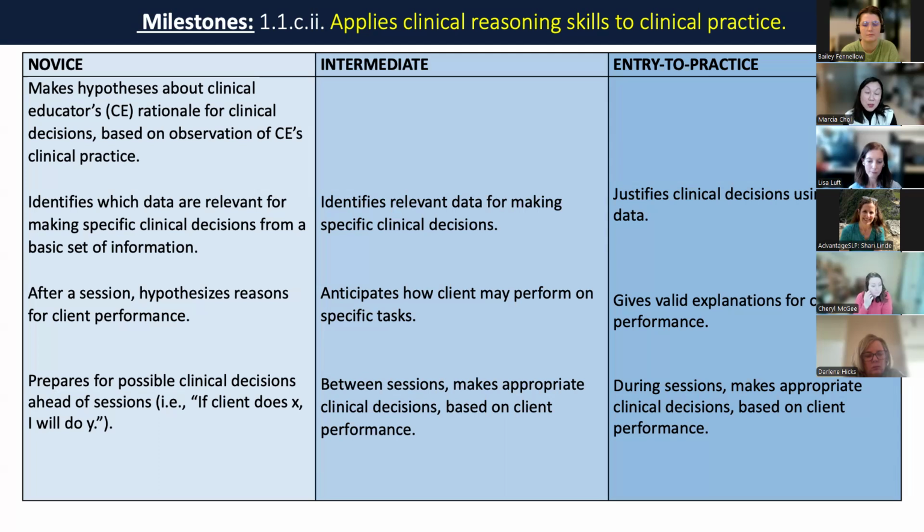So this is probably an added value, because it is transparent what you expect to see with an entry to practice, intermediate, and novice. While it doesn't give you the 6 ratings, it does give you those places where you can compare your observation to a particular point in time in their development.